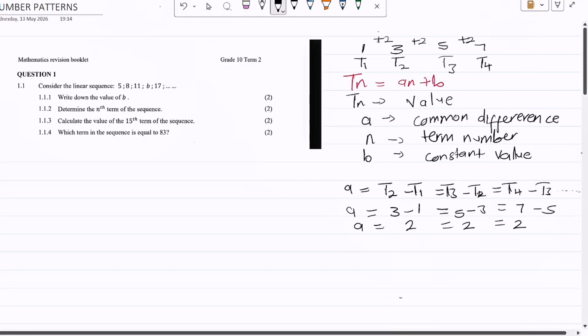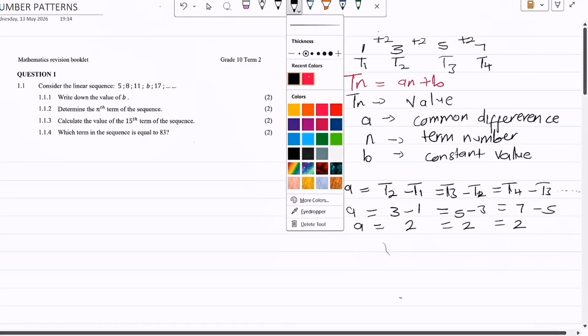Then we have b. How do we find b? If you would like to copy the notes, please just pause the video a little bit. How do we find b? Now that's the easiest. I said that b is a constant value.